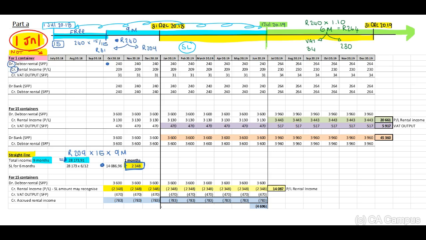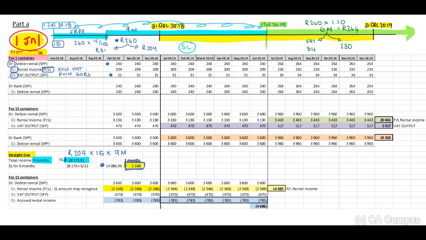Credit rental income and profit and loss. This is the amount excluding VAT. And credit VAT output. This is the amount to be paid to SARS. You're with me? 31 Rand.